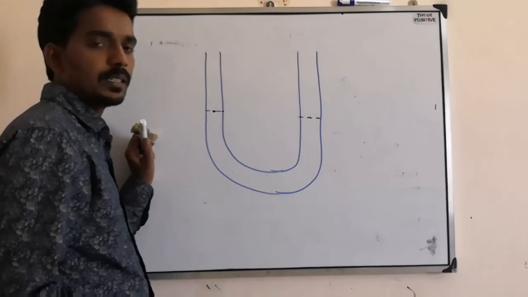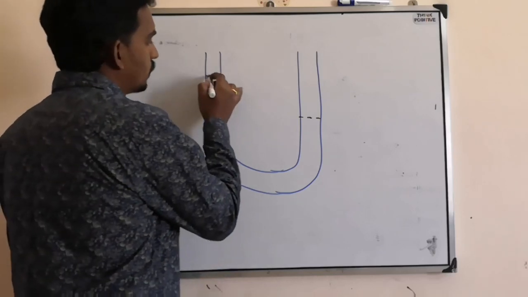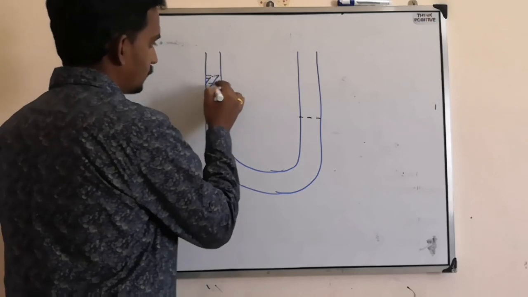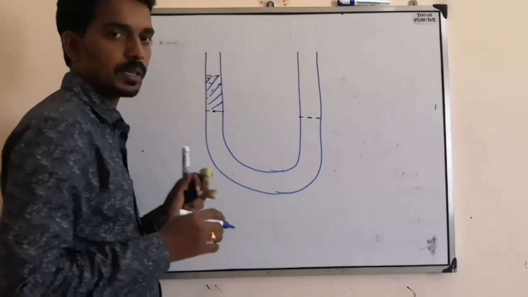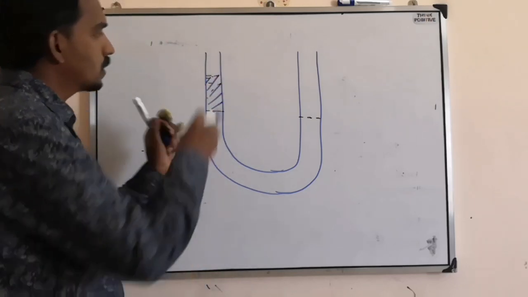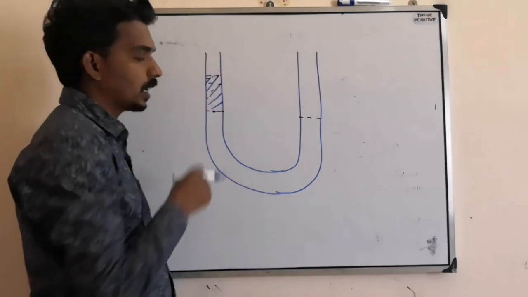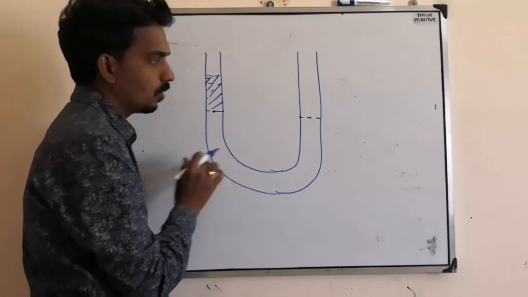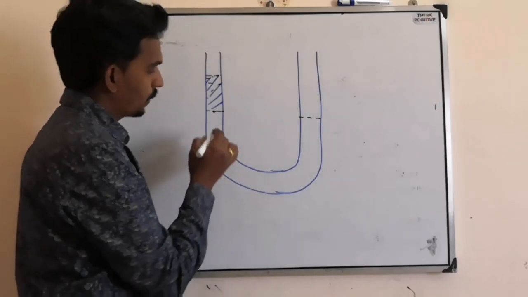Now suppose you have poured some other liquid here, through one limb you are pouring another liquid. Then what happens? This liquid level goes down, this liquid level goes up.